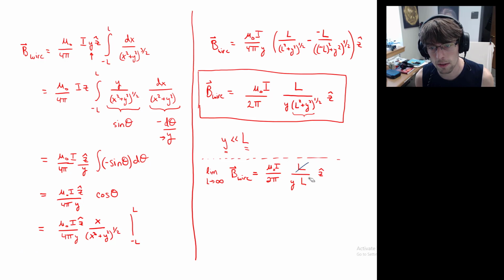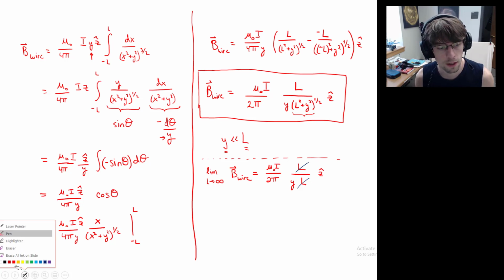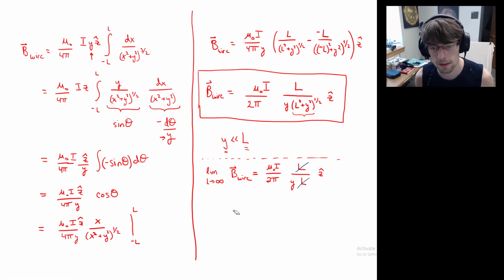The L cancels the L. And I am left with the magnetic field of an infinite wire is equal to mu naught I divided by 2 pi y z hat. There we go. 2 for the price of 1.